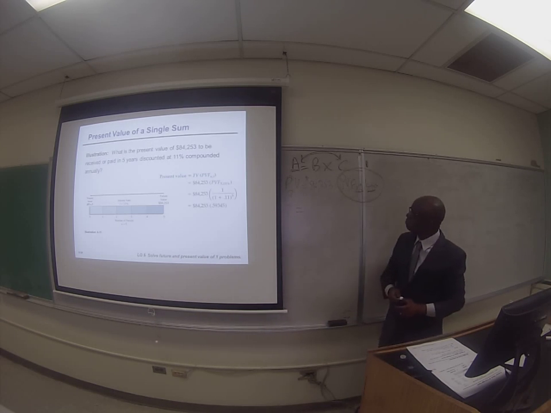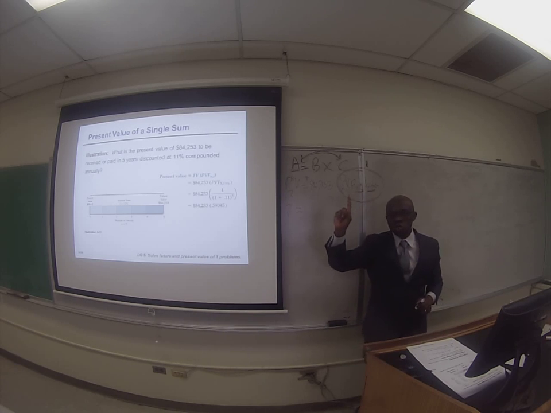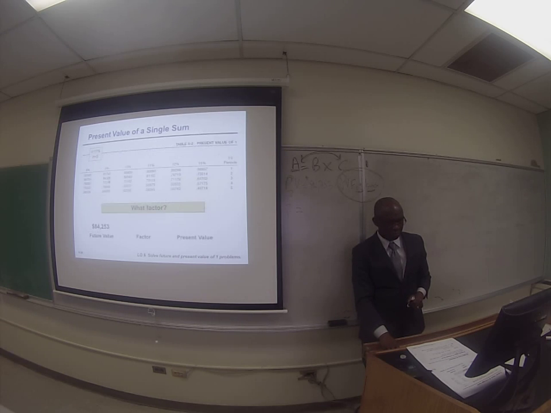So how do we determine the present value? Which table do we use? Obviously, we use the present value of a single sum table because we are talking about single sum here. So if we take a look at the table, here's the table, 11% on this column. How many periods are we talking about? 5 periods, 5 years.